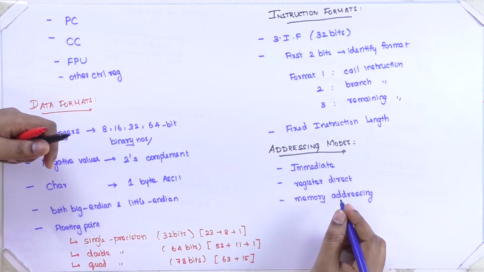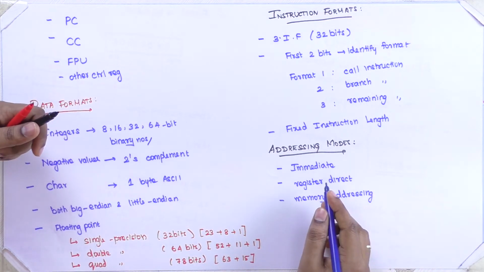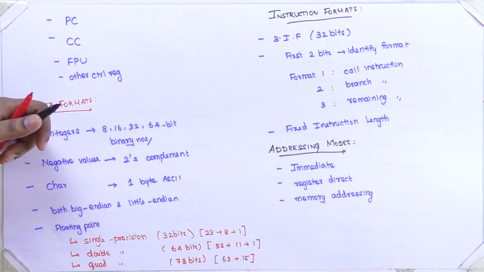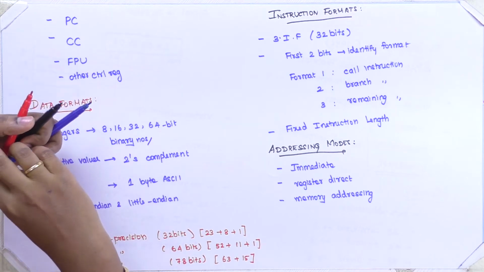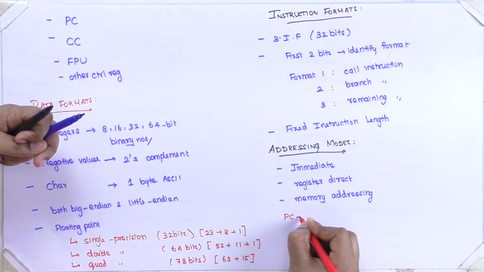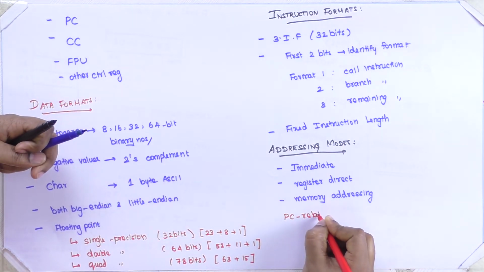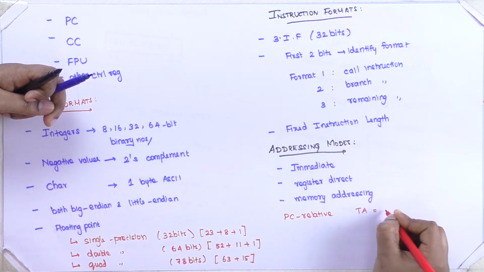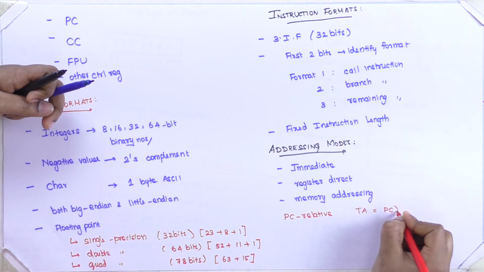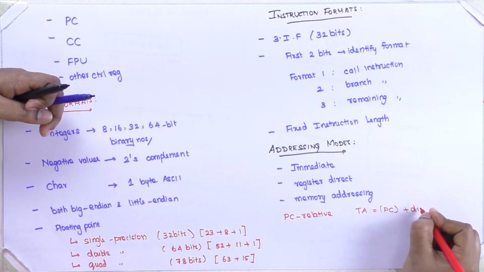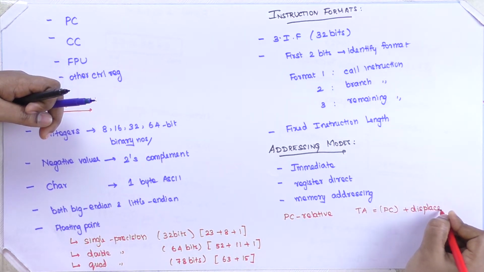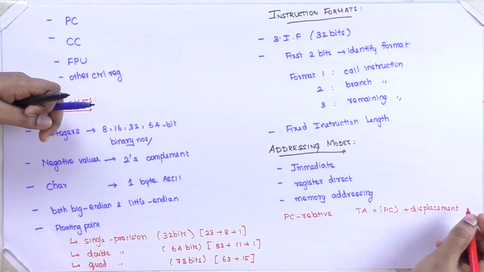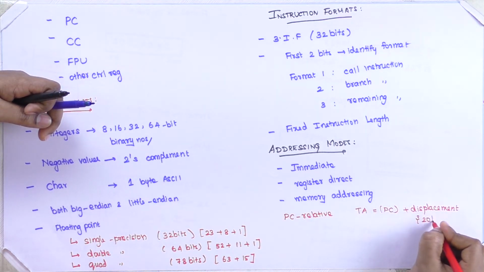Now, let us see how to calculate the target address for each addressing mode. If the addressing mode is program counter relative, PC relative, the target address is calculated as the content stored inside the program counter plus displacement value. This is 20 bits and signed.